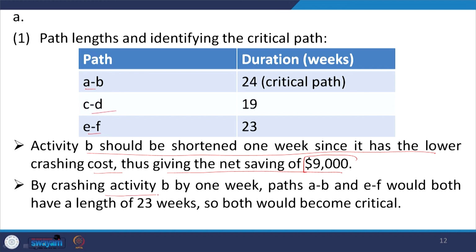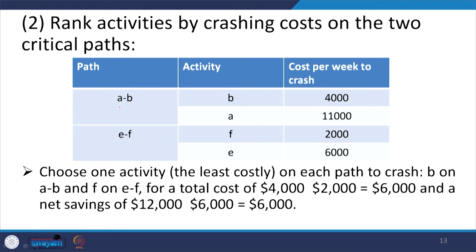Now, by crashing activity B by 1 week, path AB and EF both have the same length of 23 weeks. Here you are doing -1, it becomes 23, it is already 23. So, now both these are becoming the critical path, AB and EF. Let us resolve them. AB has B and A, it is taking 4,000 now and it will take 11,000, EF 2,000 and 6,000.